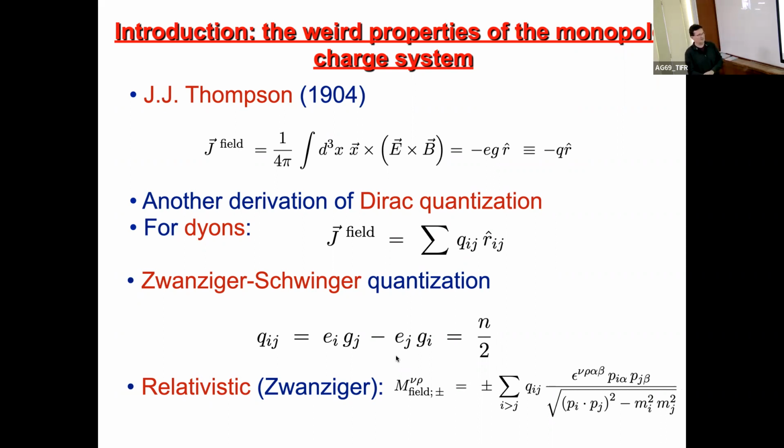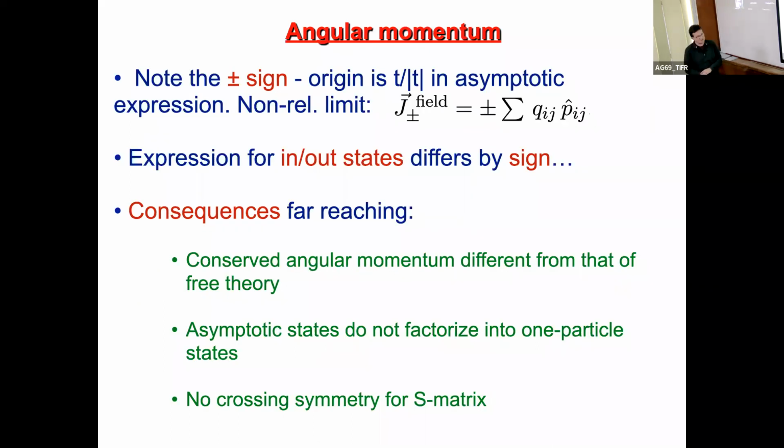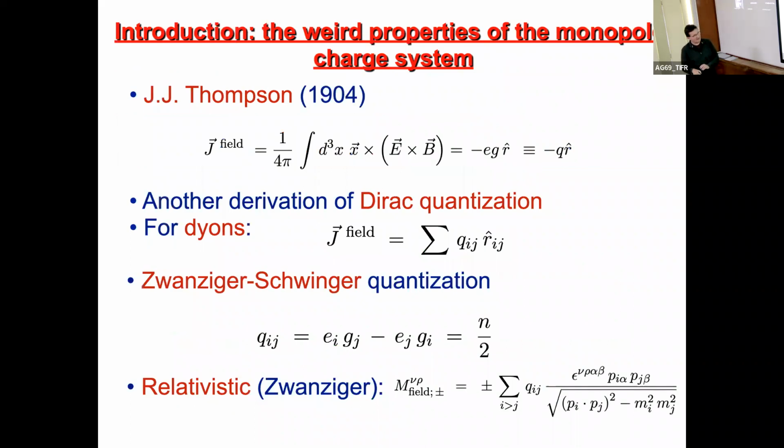Again, he found a nice simple relativistic generalization of that, with the prefactor as expected being this Q_ij. There's a little bit of a subtlety here. You get this plus-minus sign, and that's related to the fact that you're trying to express this in terms of the 4-vector momenta of the various particles, but the actual result depends on the direction. So this is really an asymptotic expression, depending on whether you go to asymptotically late times or asymptotically early times.